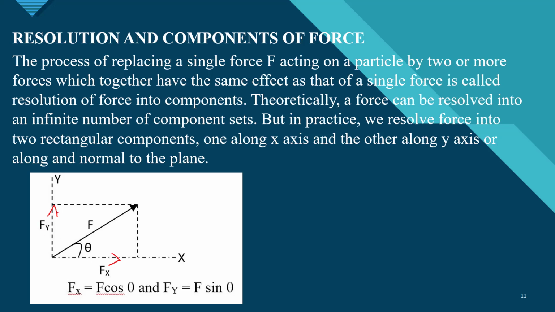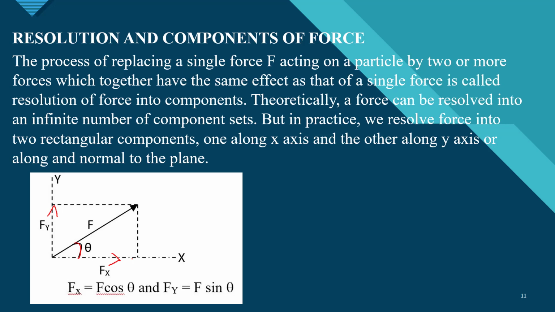That is, Fy will be F sin theta. So the component which is very near to this angle theta will always be cos. The component near to the angle marked will always be cos theta. So here Fx will be F cos theta and Fy will be F sin theta.